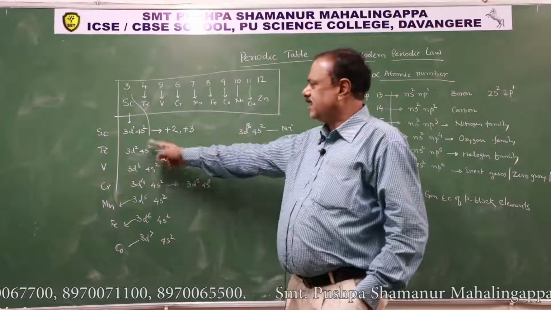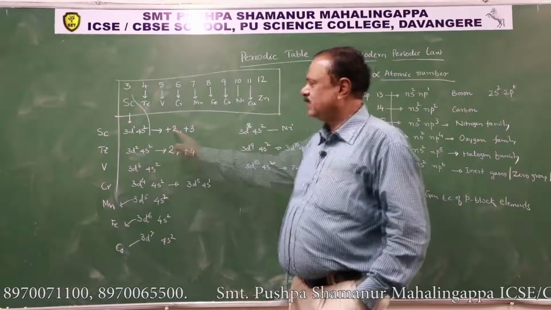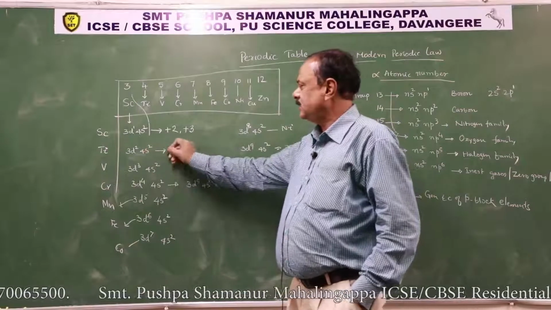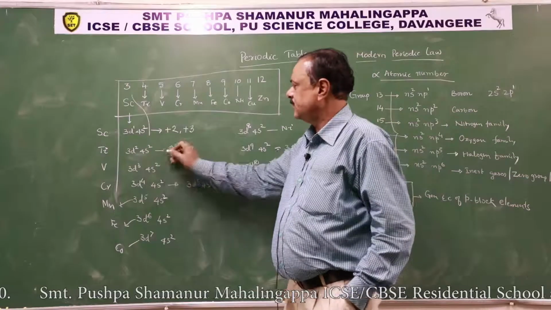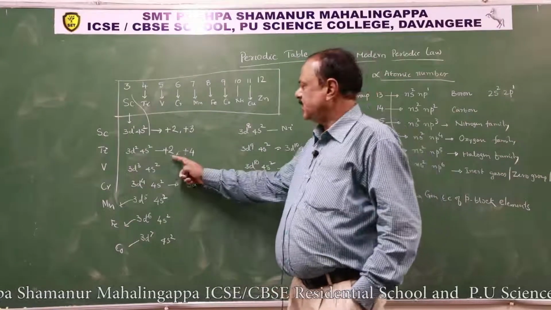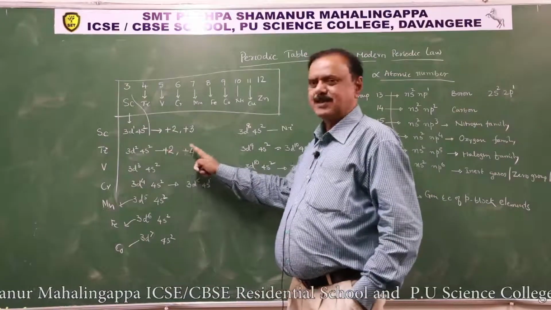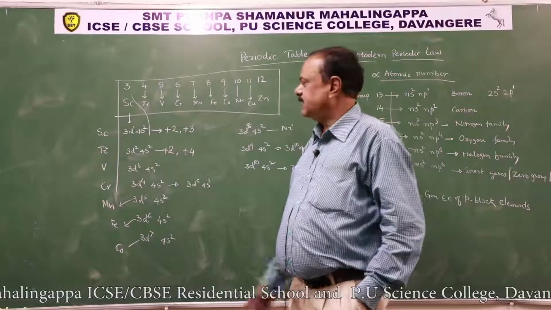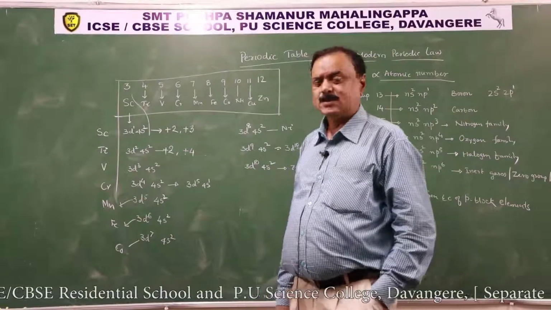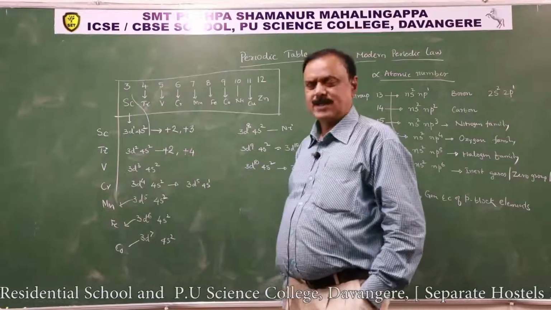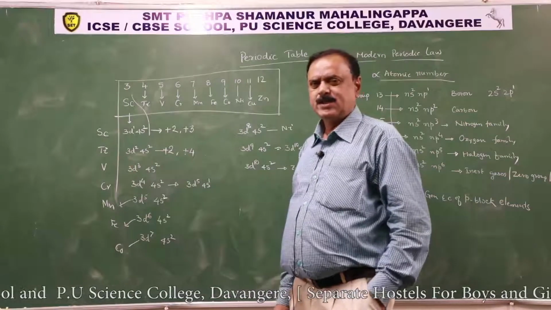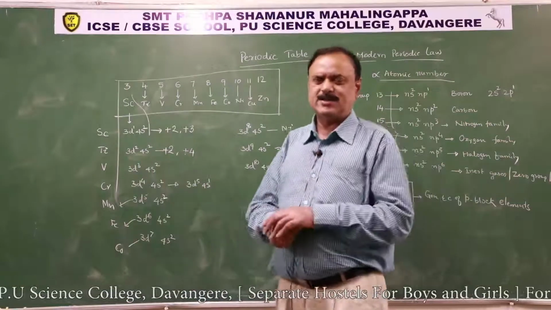Therefore, the oxidation states exhibited by titanium are +2 and +4. Therefore, up to this section, +2, +3 and +4. Titanium 4+ is more stable. The lower oxidation state is unstable, the higher oxidation state is more stable. Therefore, extreme oxidation states are there.